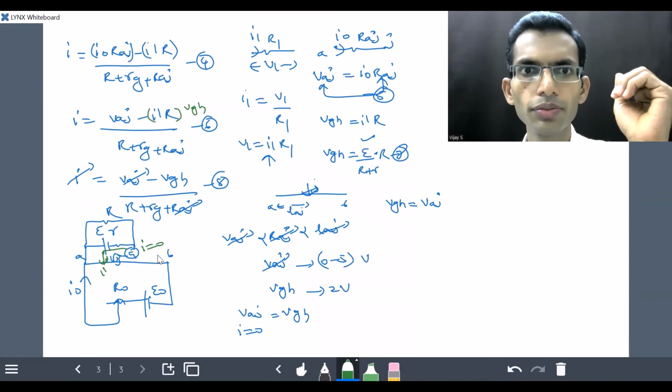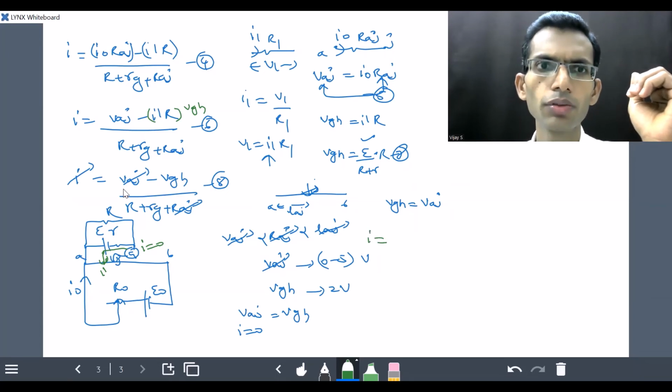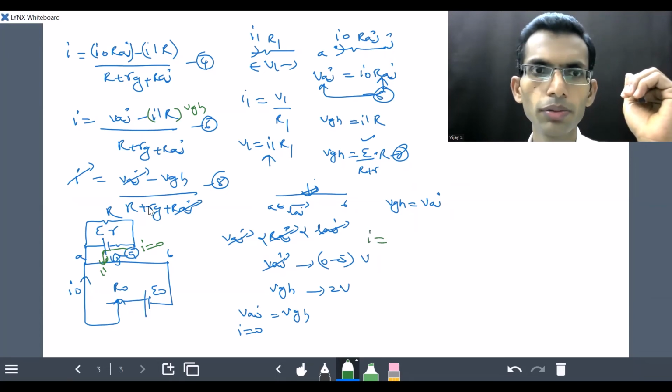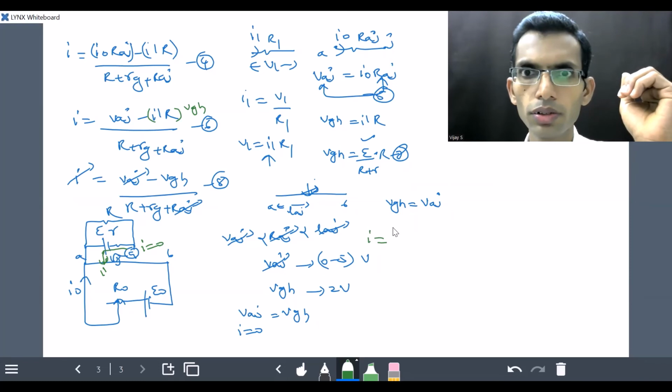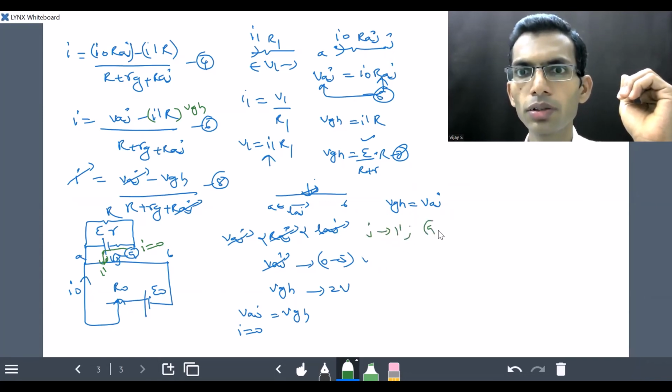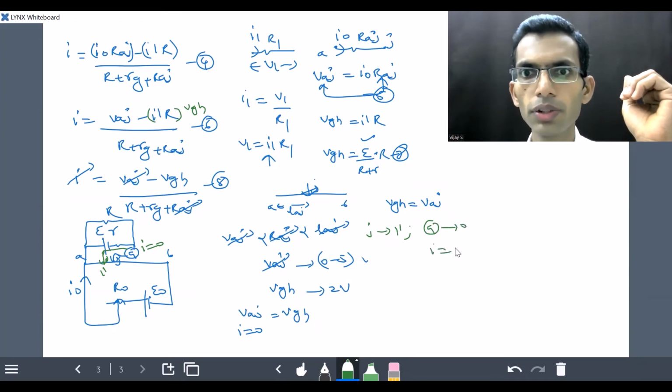So I is equal to, of course, we can take equation 8 also, no problem. So I is equal to, here VAJ is nothing but the particular position we are substituting now. What is that particular position? When J is at 1 dash, we are observing the galvanometer showing 0 deflection, that is, current becoming 0.